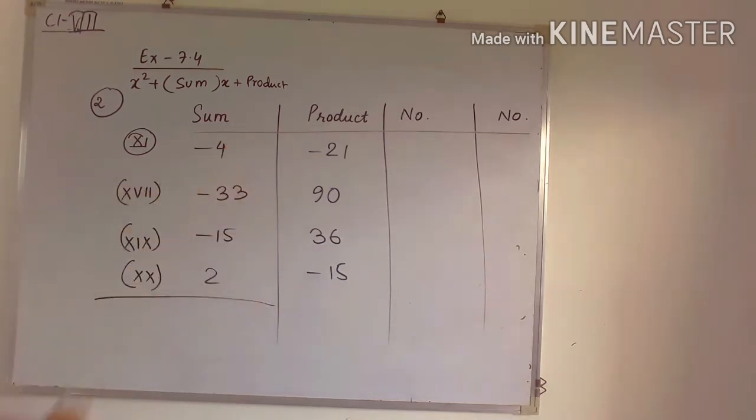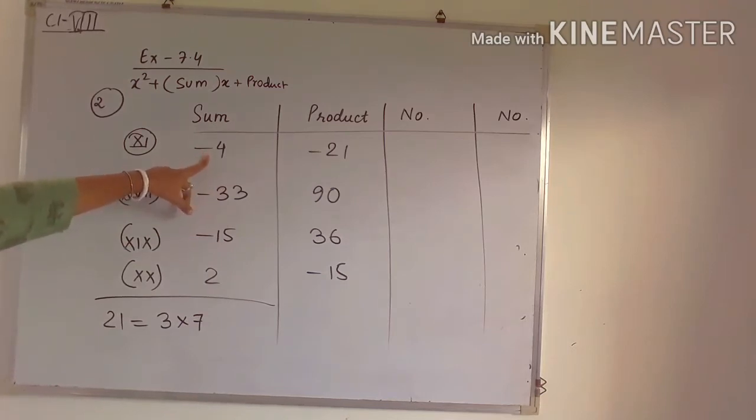So the first one, see, that is -21. So take the number plus 21. So when you factorize 21, you will get 3 into 7. The prime factorization of 21 is 3 into 7. Okay. And you can see here, if I subtract 3 from 7, then also I will get what? 4. Okay.